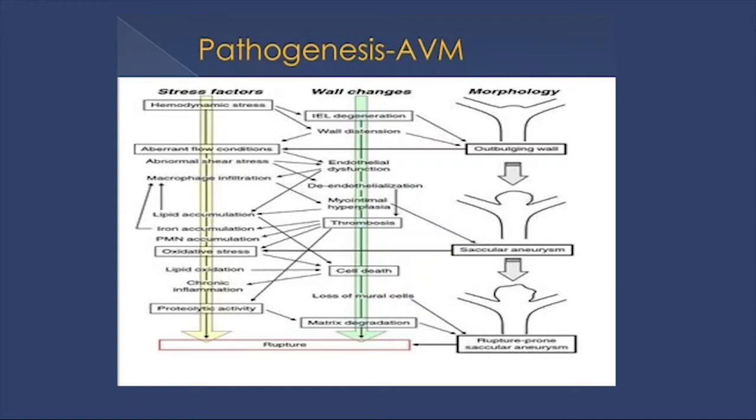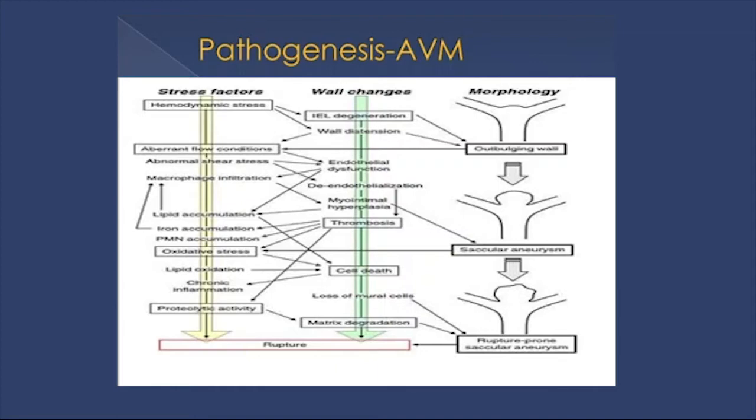The stress factors come from hemodynamic stress. It's more about aneurysm than AVM. Actually, it's for aneurysms, so I'll make that correction. Hemodynamic stress, aberrant flow conditions, as well as oxidative and proteolytic stress cause changes in the wall of these vessels.